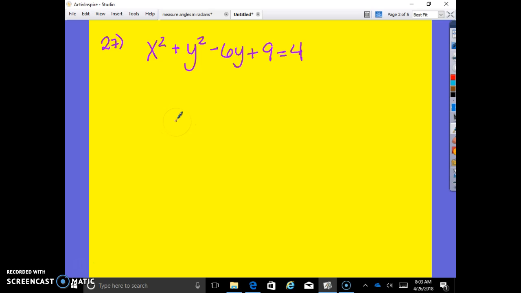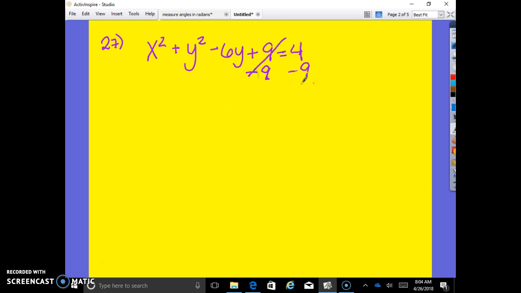So pay close attention. The directions in the book say, determine whether the given equation defines a circle. If the equation defines a circle, rewrite the equation in standard form. So what we need to do is first get rid of our constants, so they are on the other side by themselves.